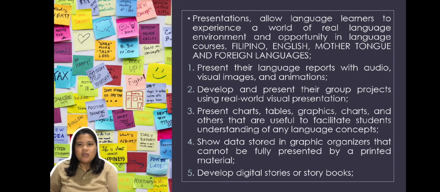The third one is to present charts, tables, graphic charts, and others that can be useful to facilitate students' understanding of any language concepts. And the fourth one is to show data stored in graphic organizers that cannot be fully presented by a printed material. The fifth one is to develop digital stories or storybooks.